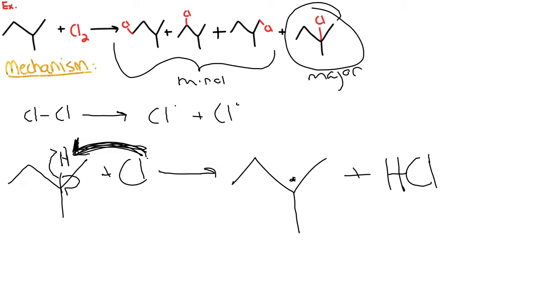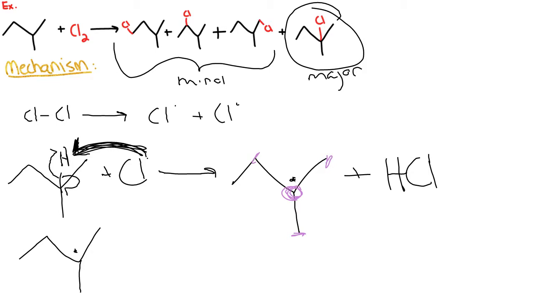And then your next step, you have your alkyl radical, which is a tertiary radical, because this carbon is a tertiary carbon. It's connected to 1, 2, 3 other carbons.